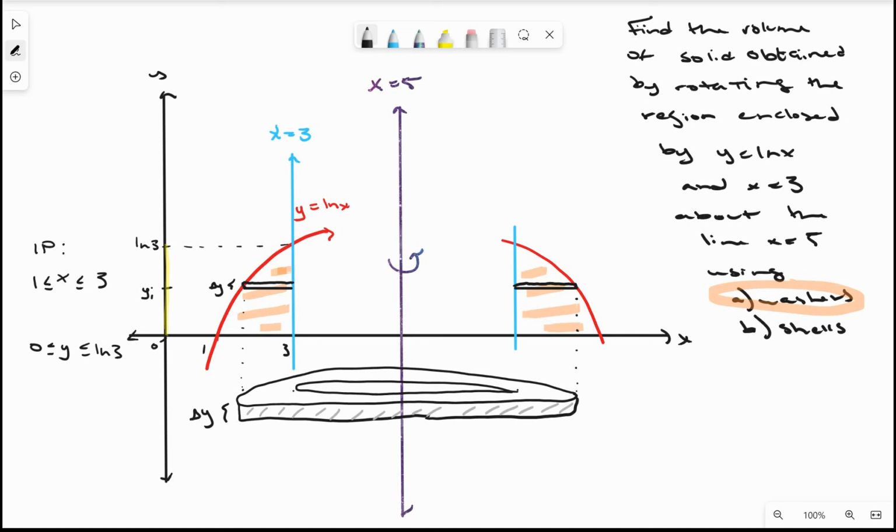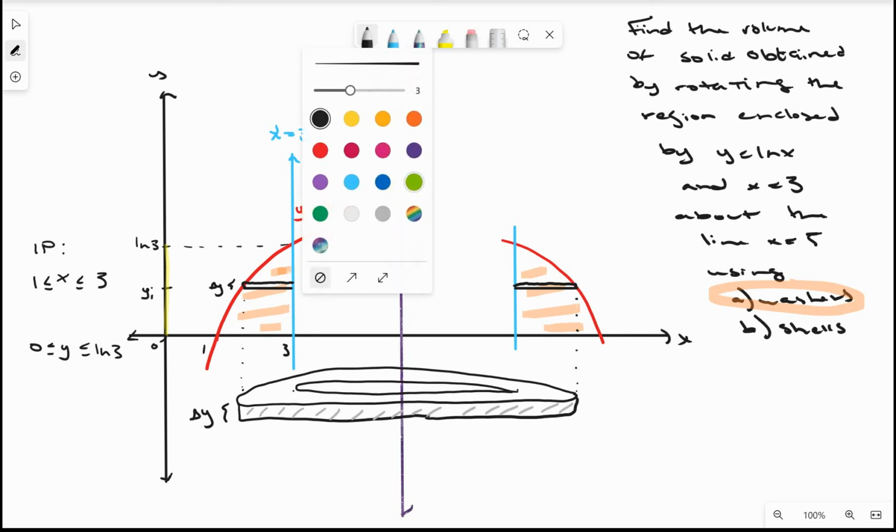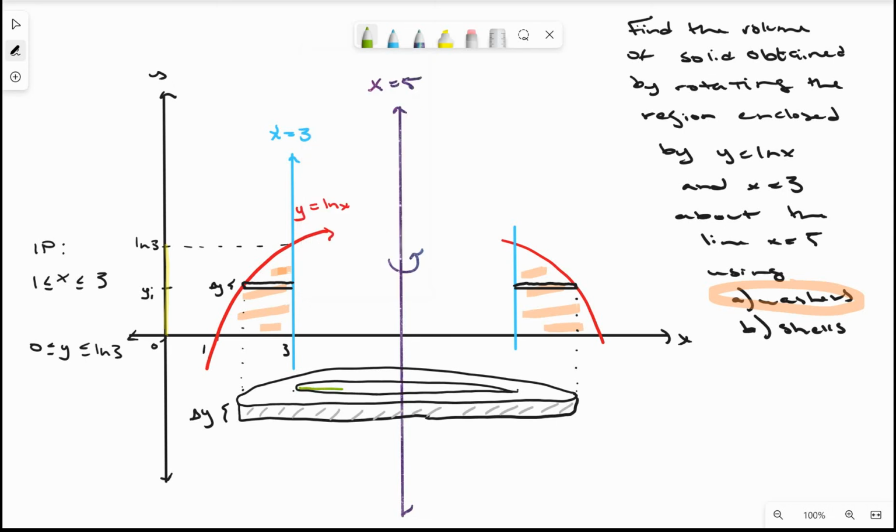We have to figure out the dimensions of the washer, its inner and outer radius. As you can see, the inner radius, let's use green for that, is just this right here, r inner. That corresponds to this horizontal distance here.